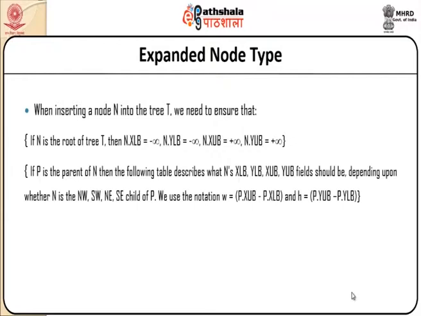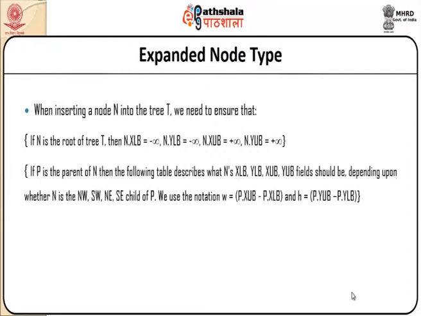That means from minus infinity to plus infinity on Y, and minus infinity to plus infinity on X. Otherwise, if P is the parent of node n, then the following table describes what n's X lower bound, Y lower bound, X upper bound and Y upper bound fields should be, depending upon whether n is the northwest, southwest, northeast or southeast child of P.